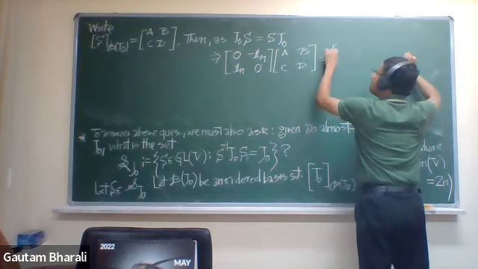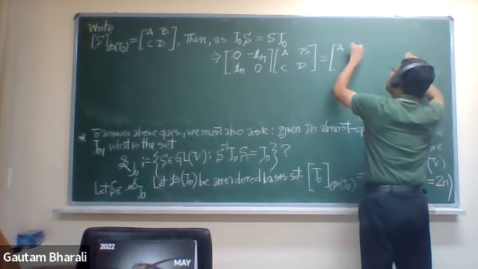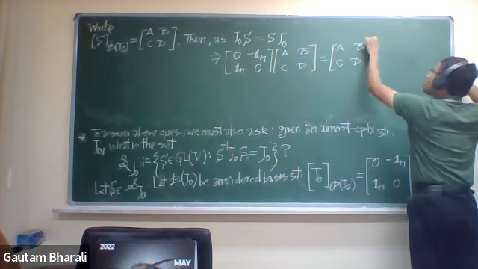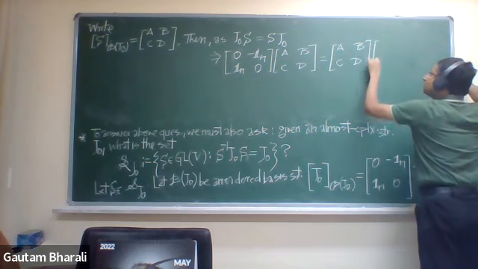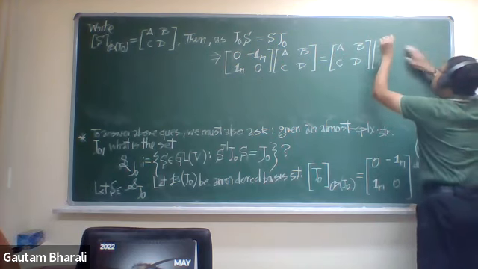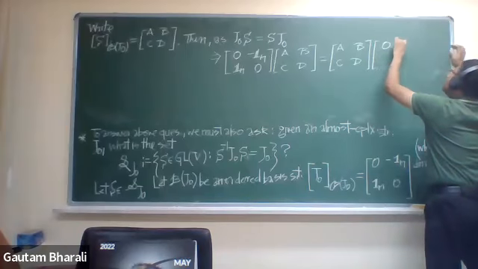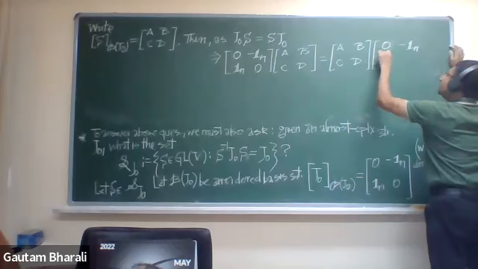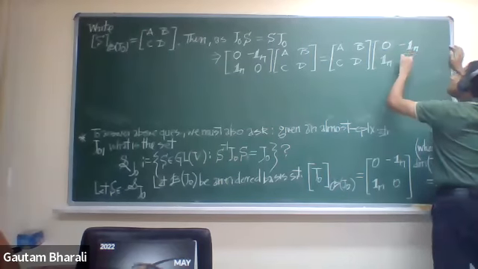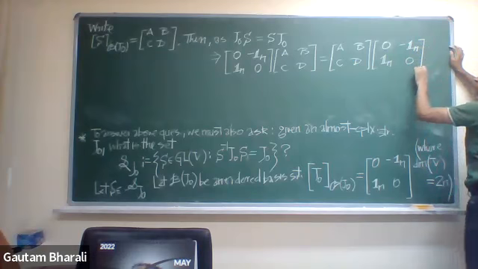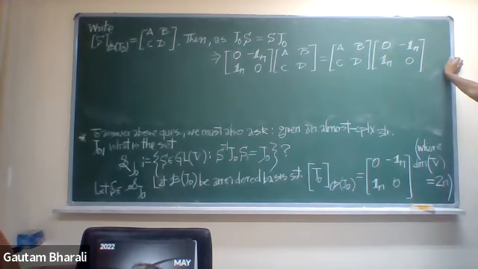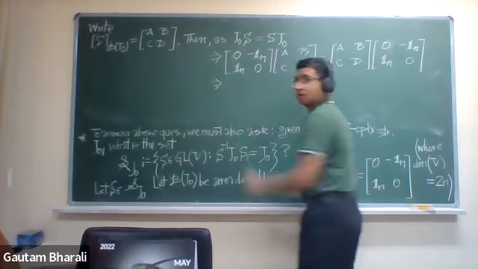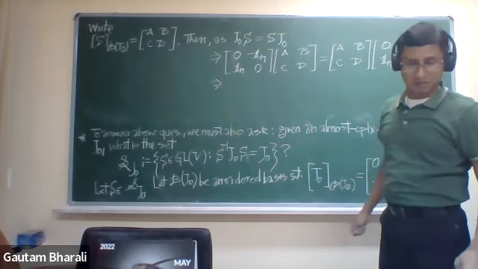What is S? A, B, C, D. This is equal to, this time you have A, B, C, D times 0, minus 1n, 1n, 0. So you see it transforms into an extremely simple problem of multiplying 2 by 2 block matrices.